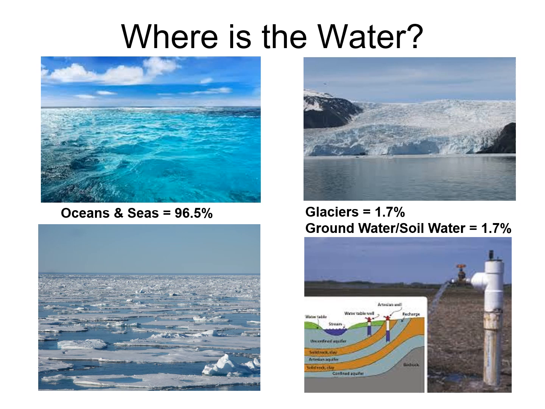So again, oceans and seas, 96.5%, and that includes sea ice, by the way. Sea ice is not the same as glaciers. This is just basically frozen water on the surface of the seas or oceans. Whereas glaciers, those exist on land, representing 1.7%, and groundwater and soil water, so that's the water below the surface, which can be pumped up, represents another 1.7%.